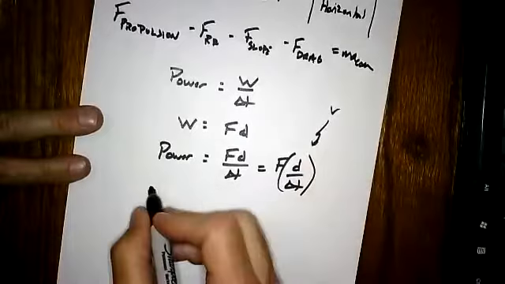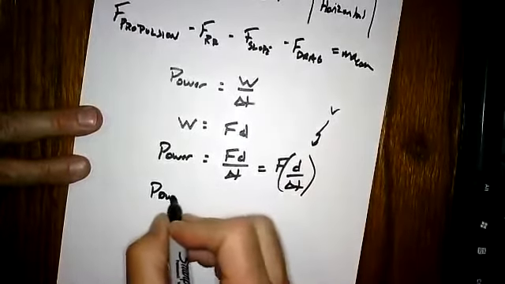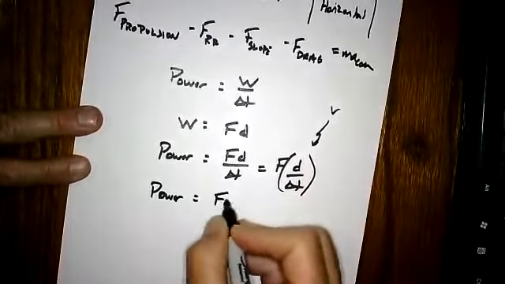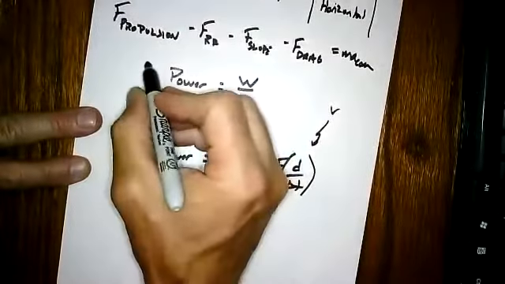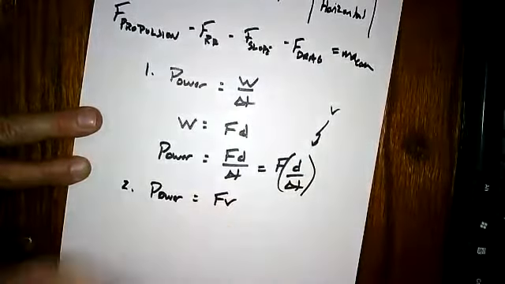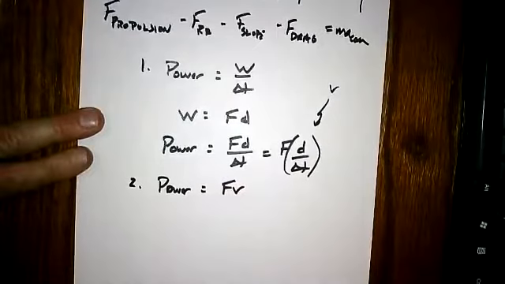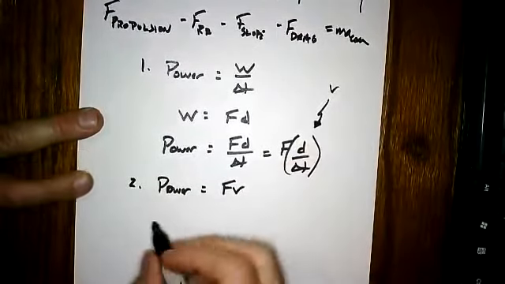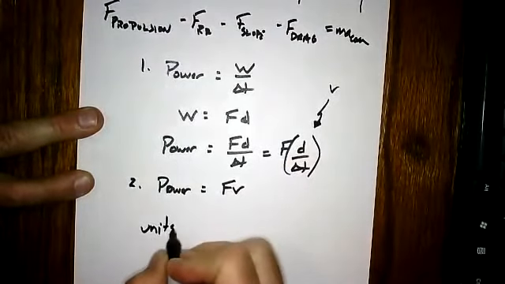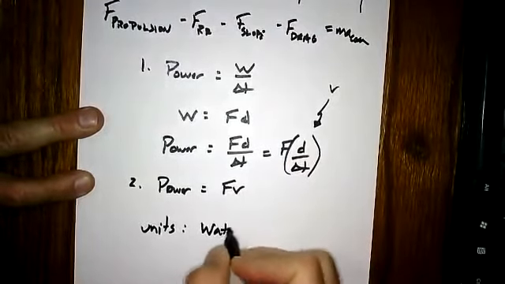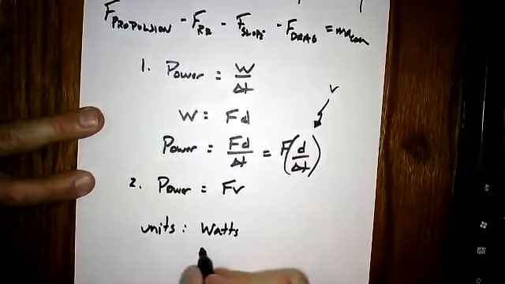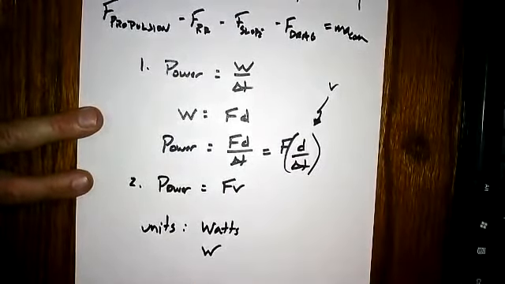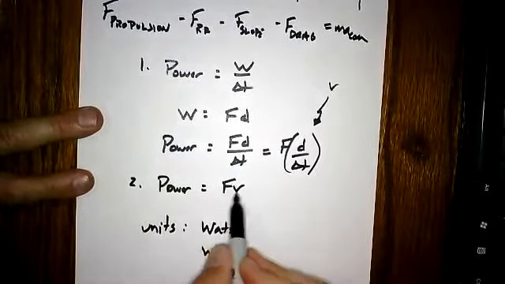So power, another way to write the equation, is force times velocity. So we have two equations for power. They mean the same exact thing. They have the same set of units, watts, or just W.